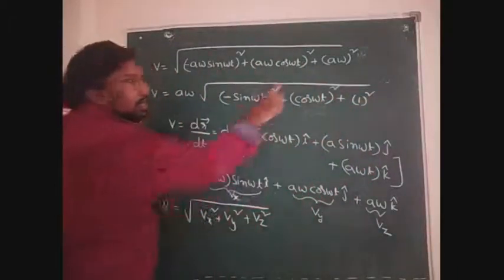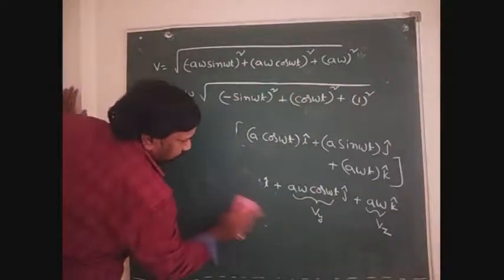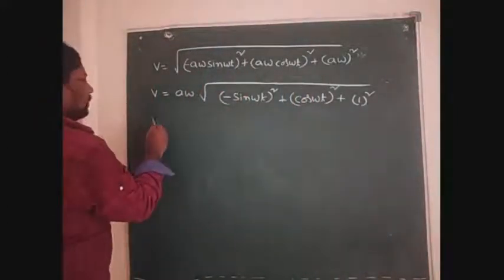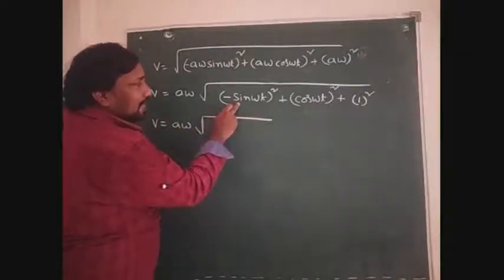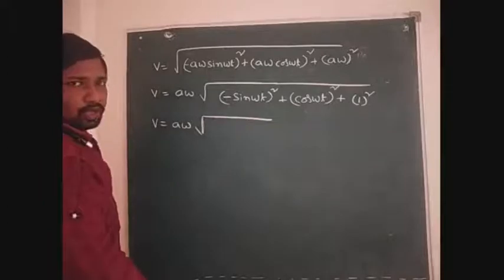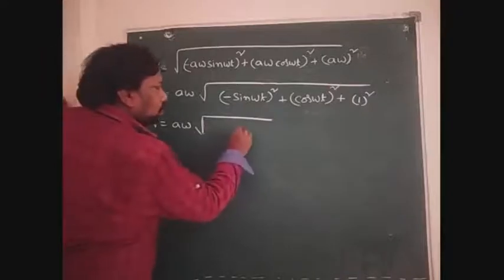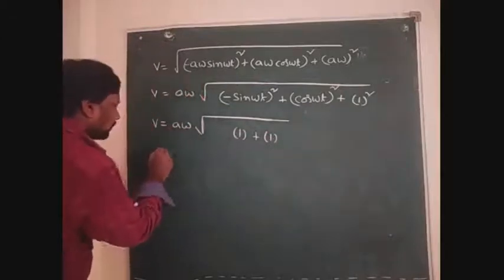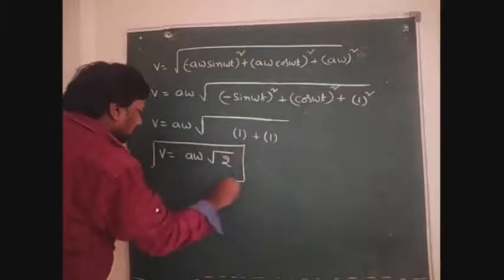Therefore v equal to a omega into root over sin square omega t plus cos square omega t plus 1. Since sin square theta plus cos square theta equal to 1, v equal to a omega into root 2. This is the speed of the particle.